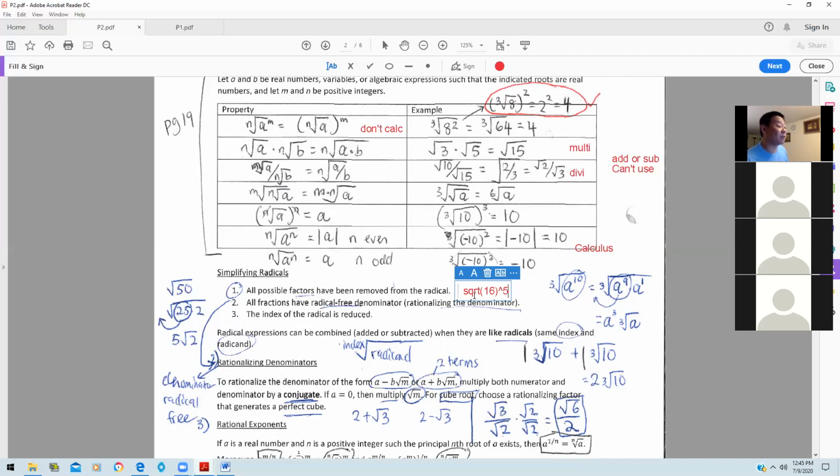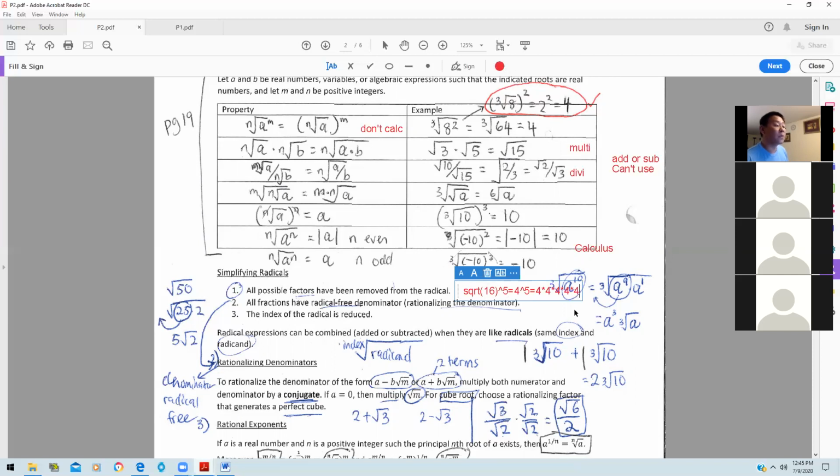The index is smaller, right? Yep. What I prefer you to do is take the square root of 16 first. That becomes 4, and then you raise it to the power of 5. This is a big number, like 4 times 4 times 4. Then you take your calculator and multiply 4 five times.